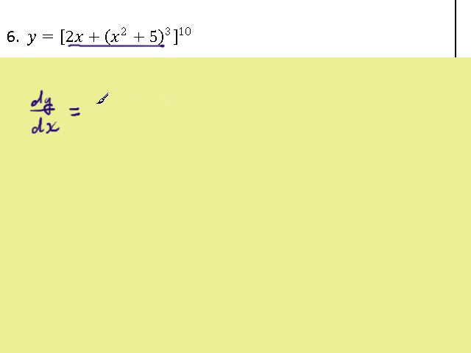Okay, let's do derivative of outer, so that would be bring down the 10 and subtract 1 from the exponent and copy over what we underlined exactly as is. All right, so that's derivative of outer multiplied by derivative of inner. Okay, so let's put that here for the derivative of the inner. So derivative of what I underlined is 2.